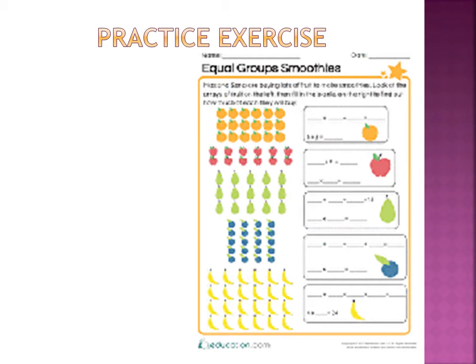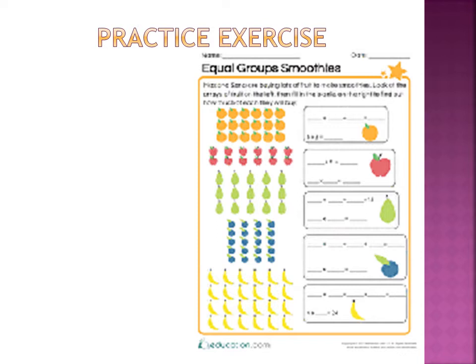The worksheet is of orange, apple, pear. I discussed the answers also, but in the previous class we were unable to write down the answers perfectly, so here I will be showing you the answers also.